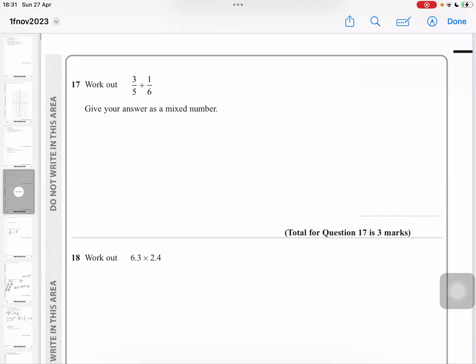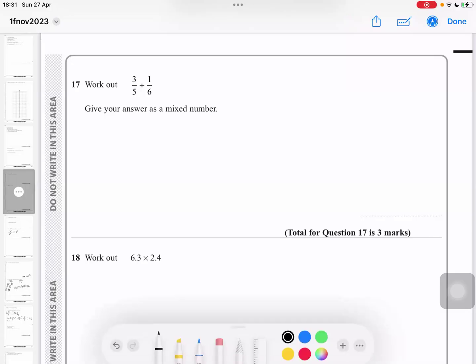Can you take care of that first one? The one that says work out 3/5 divided by 1/6. Can you work it out? Yeah. But remember to annotate so I can see your process.